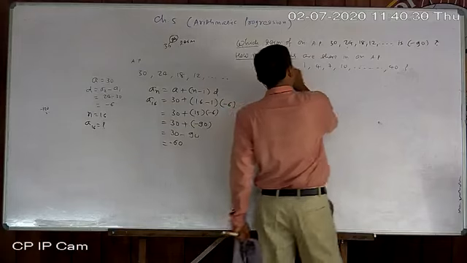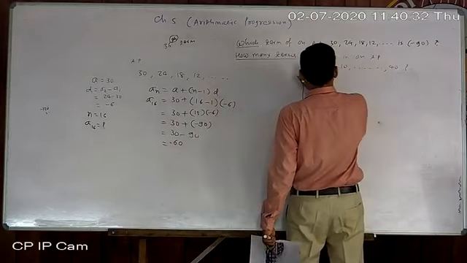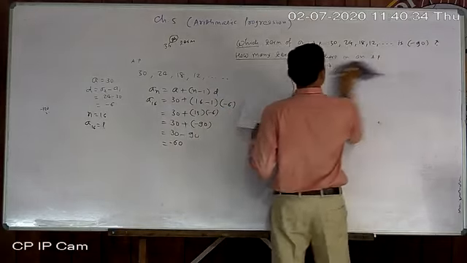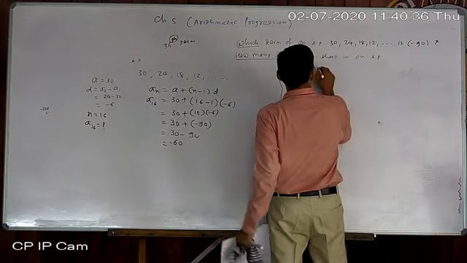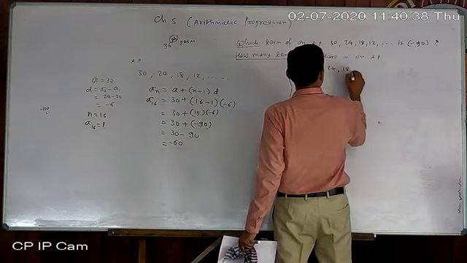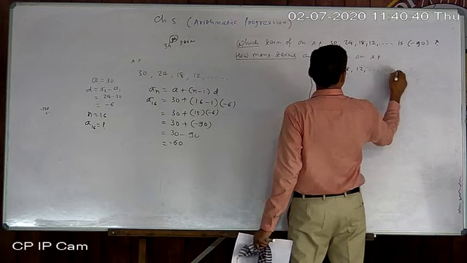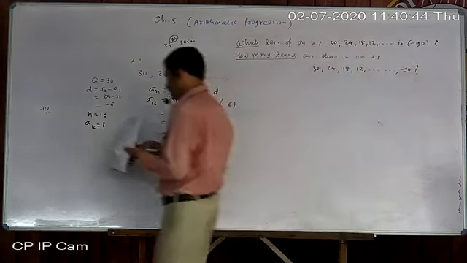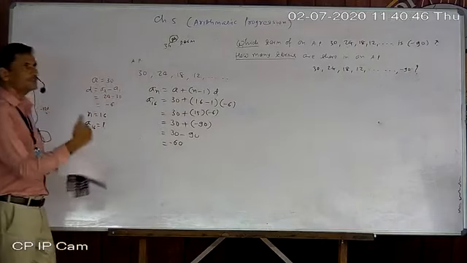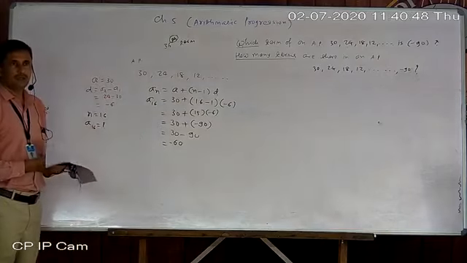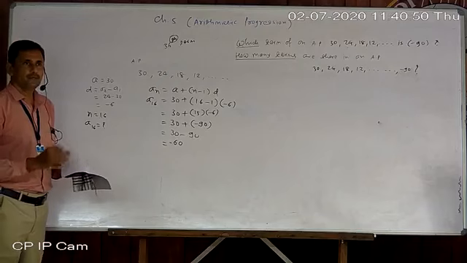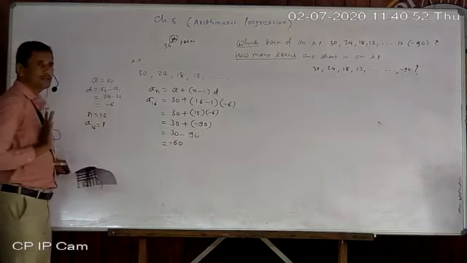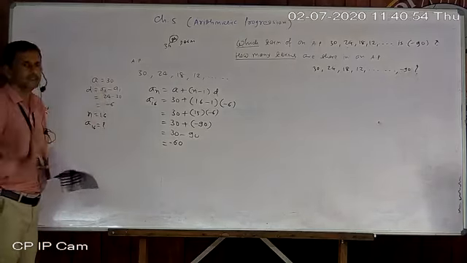Or how many terms are there in this AP? Same way only: 30, 24, 18, 12, dot, minus 90. I just gave you a second example of the same type, but in which d is negative. Otherwise everything is repeating.